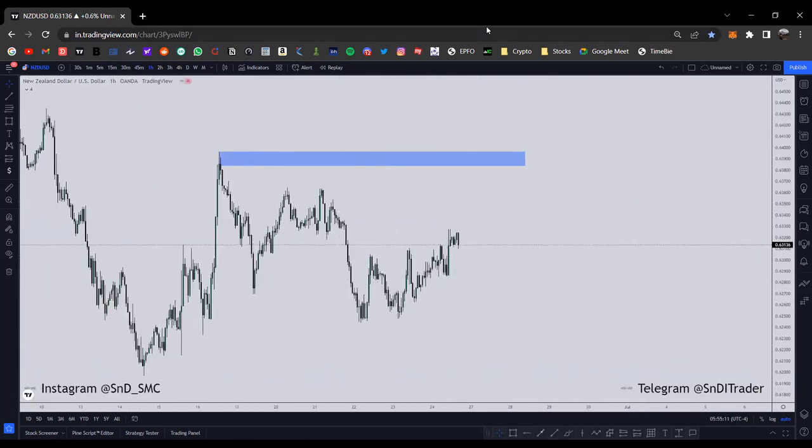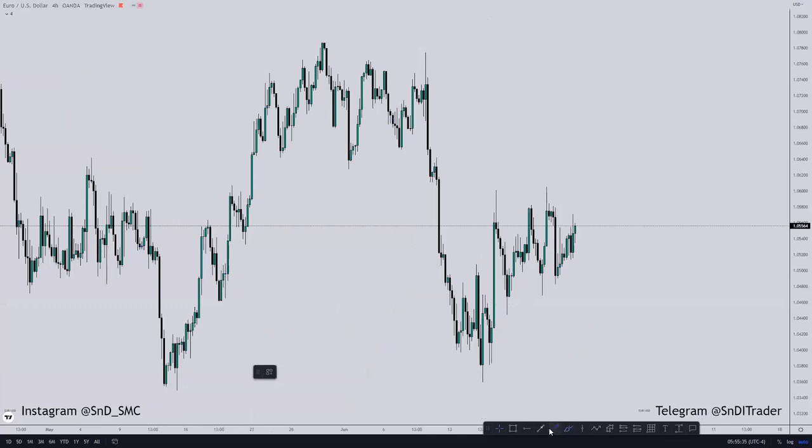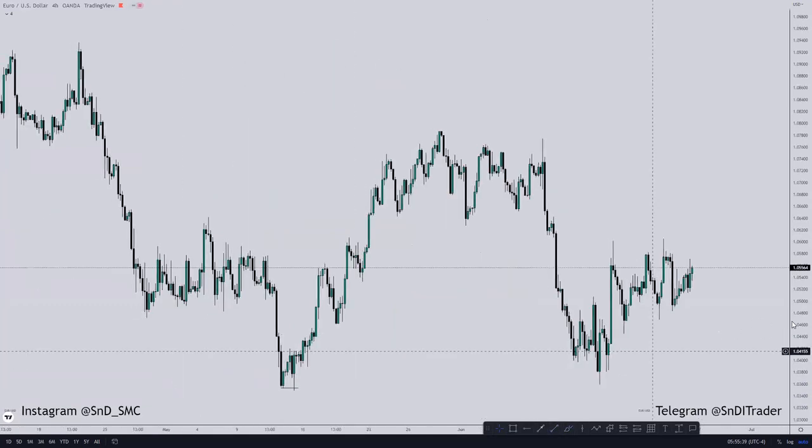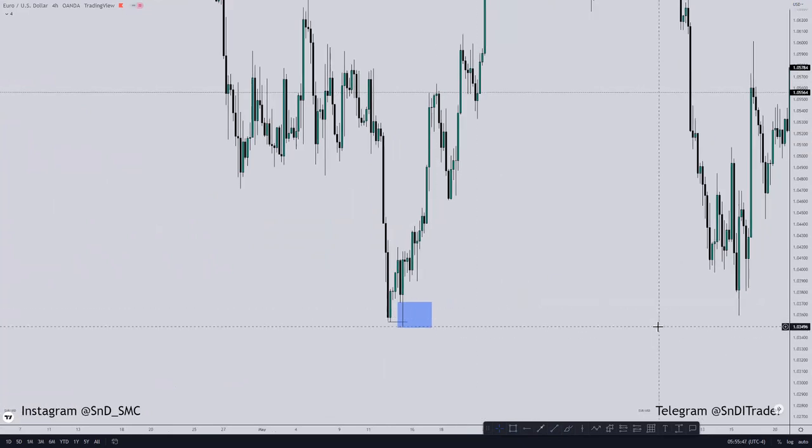And same thing in another pair. You see, this wick has taken out the previous wick, so that will be a liquidity grab. Now let's select this wick as a point of interest and find a candle in there. So let's go on to lower time frames.